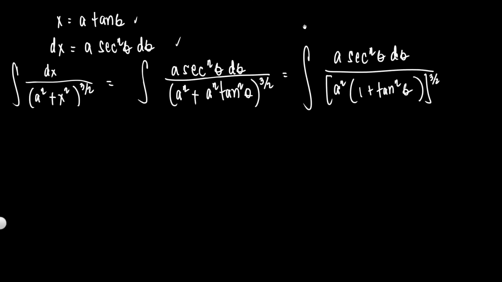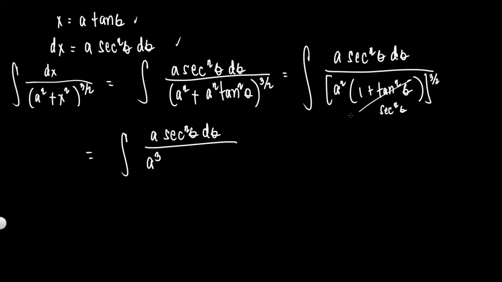And what is 1 plus tangent squared theta? So, secant squared theta yan. So, this is equal to the integral of a secant squared theta d theta over a squared raised to 3 halves is a cubed. Then secant squared theta raised to 3 halves is secant cubed theta.